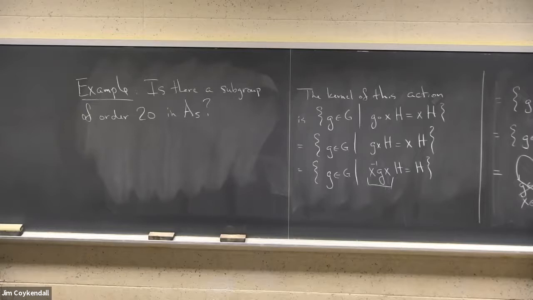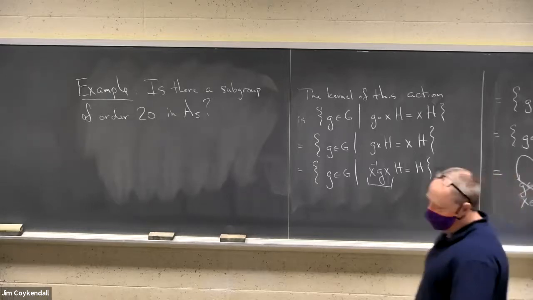And in fact, there is a transitive subgroup of S5. By transitive, what I mean is, given any two numbers between 1 and 5, whatever, there's a permutation in that subgroup of order 20 that takes i to j. But as it turns out, there's no subgroup of order 20 in A5.